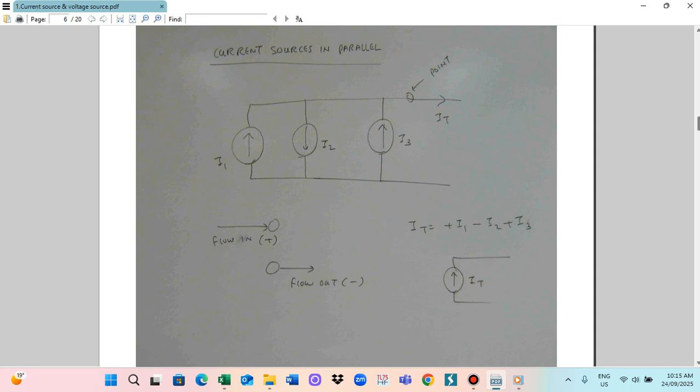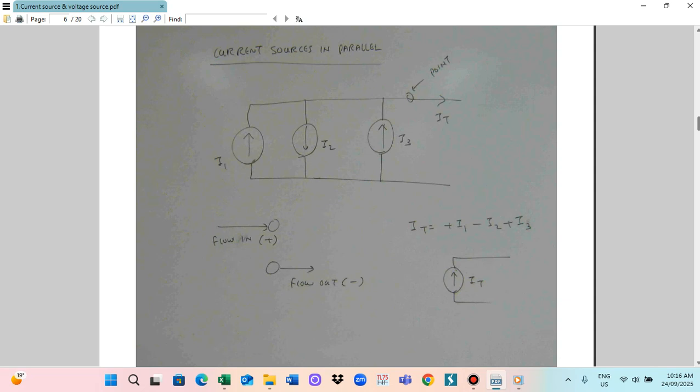In this case, you see the current direction flows in and flows out. At the point, flow in current is positive and flow out current is negative.